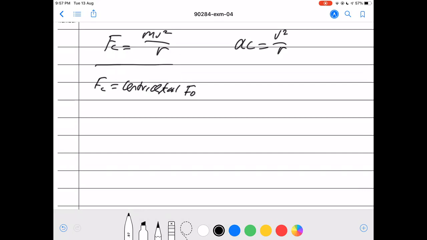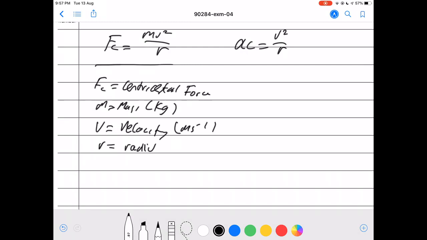M is mass in kgs, V is velocity, measured in meters per second, and R is the radius of the circle, which is measured in meters. AC is the centripetal acceleration, so the acceleration acting on the object.